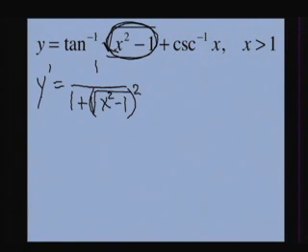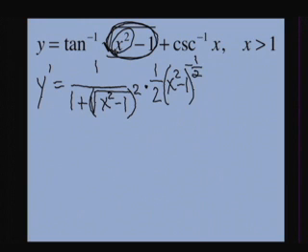And so by the chain rule, we would say that we have to multiply this times 1/2 times x squared minus 1 raised to the negative 1/2. But again, we still have to use the chain rule once more because inside of the square root is x squared. So we would have to multiply that times 2x.